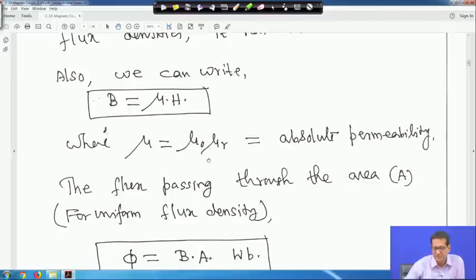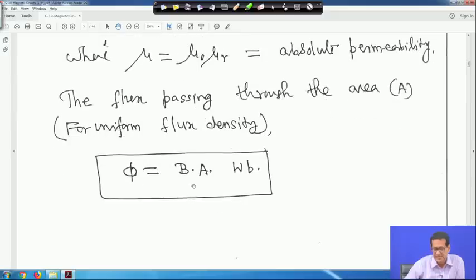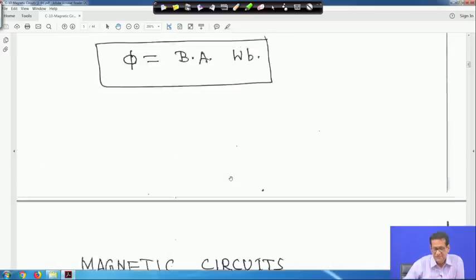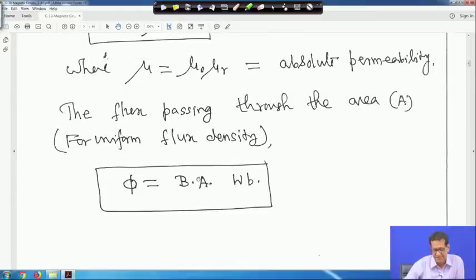The flux passing through an area for uniform flux density is phi equal to B into A, where B is the flux density in Weber per meter square and A is the area in meter square. So, phi is equal to B into A, in Weber. These are simple formulas: B is equal to mu H, mu is equal to mu 0 mu r, and phi is equal to B into A.